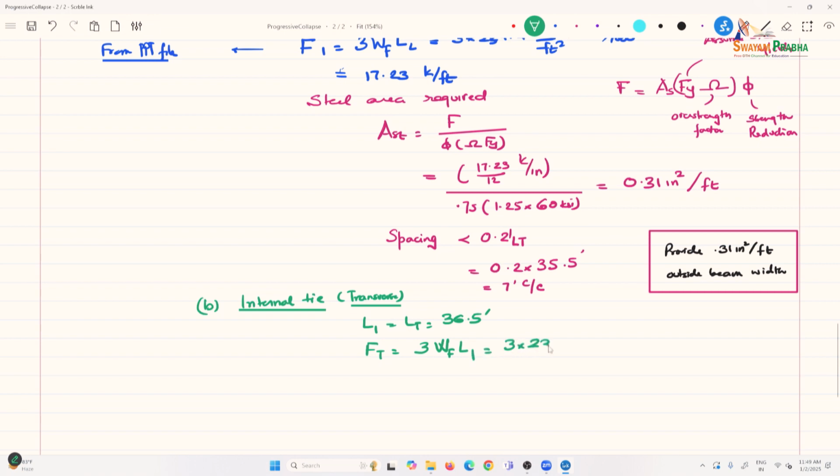So, 3 times 239.4 times 36.5. I do not know if my math is correct, maybe slightly off. It is 25.4, I have that value, kips per foot. It may be slightly off, does not matter.